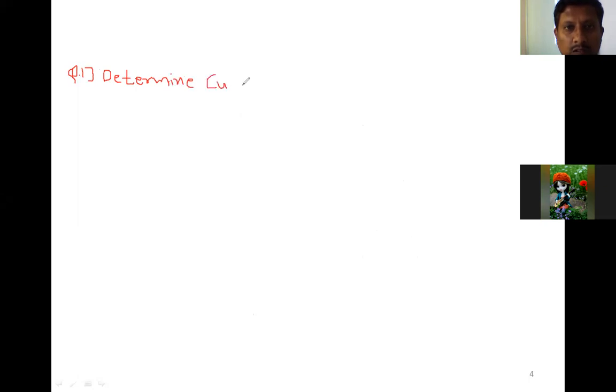Here I am going to start with the first simple example, because in the previous lecture we took a somewhat typical example. Determine the current passing through the 40 ohm resistor using nodal analysis.